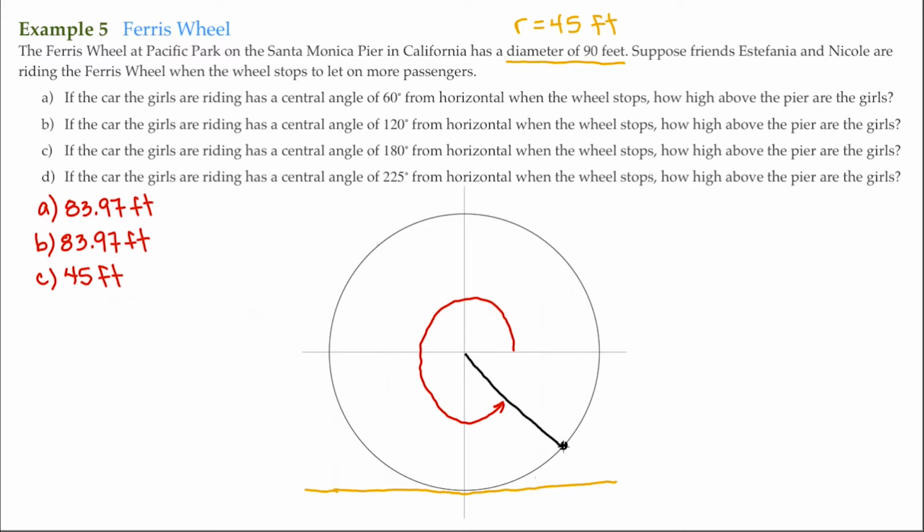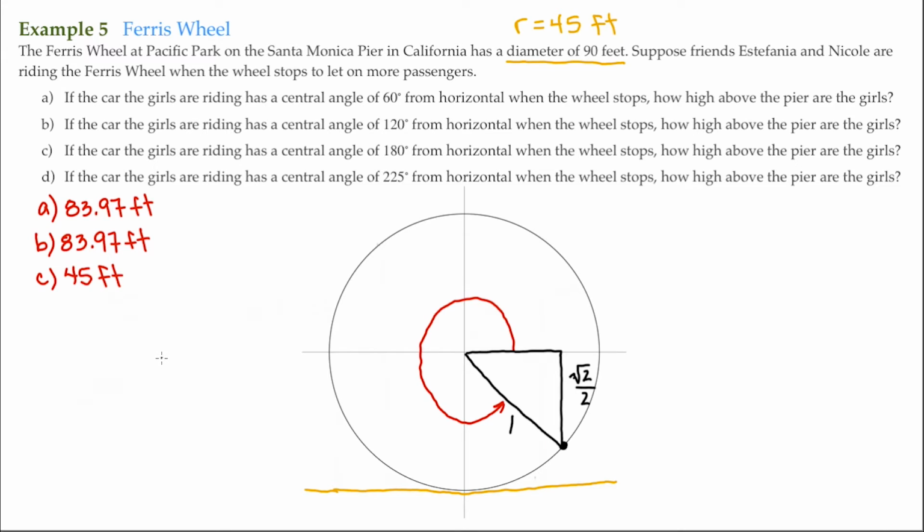And nonetheless, this makes a 45, 45, 90 special right triangle. If this was 1 unit, then this measure here, because we're talking about height, that's going to be the square root of 2 over 2. But it's not 1 unit, it's 45 feet.